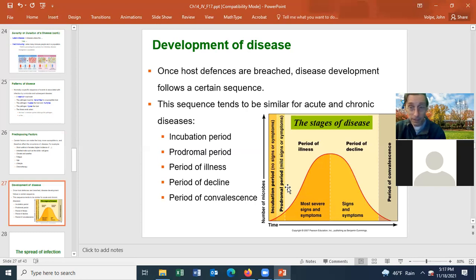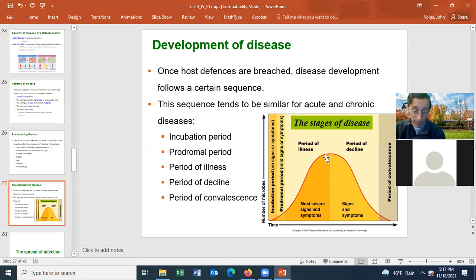And then there are some illnesses which skip the period of decline or the period of convalescence. Can anyone think of a disease where that happens? Not hearing anything. Well, what about a disease where the patient dies? They never leave the period of illness.